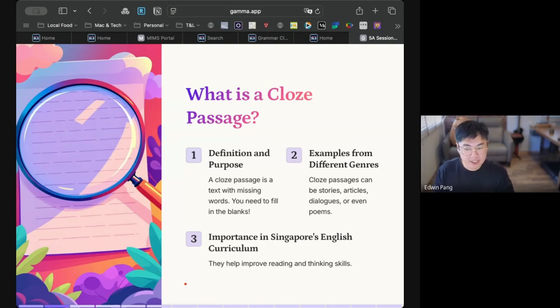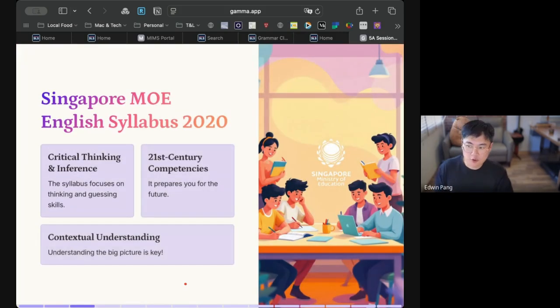So there are many different skills that can be improved if we learn the strategies to improve in closed passage. So critical thinking and inference, and your 21st century competencies like adaptive, critical, inventive thinking. These are some skills that you can develop as you learn how to do closed passages, okay?